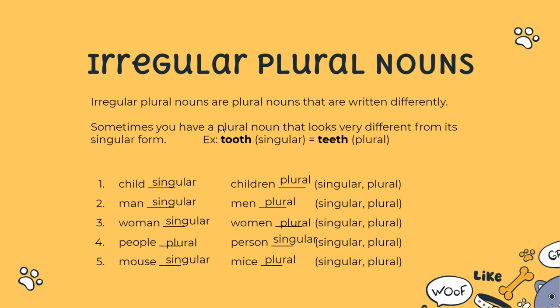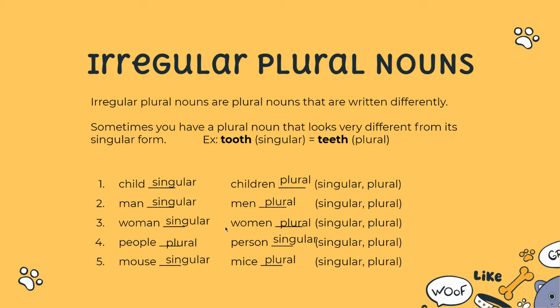And here's other examples of irregular plural nouns. Now, sometimes you have a plural noun that looks very different from its singular form. For example, tooth, which is singular, and teeth, which is plural. So, number one, child is singular, children is plural, man is singular, men is plural, woman is singular, women is plural. And the pronunciation, the way you say it, sounds exactly the same, but it's written differently.